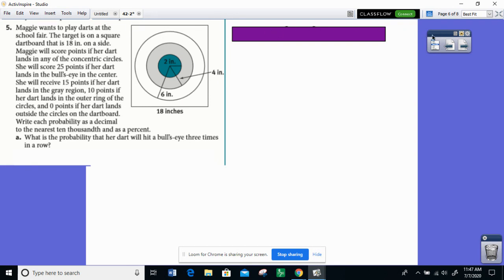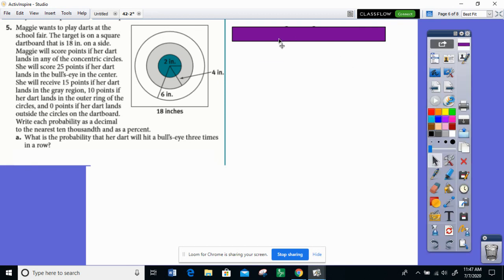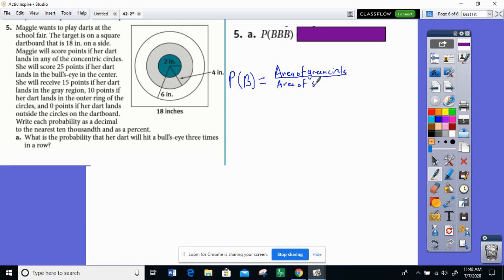So part A says, what is the probability that her dart will hit a bullseye 3 times in a row? Well, that would be the probability that she gets a bullseye and another bullseye and another bullseye. So in order to get that, we need to get the probability that she gets a bullseye once. So that's going to be the area of the green circle divided by the area of the square.